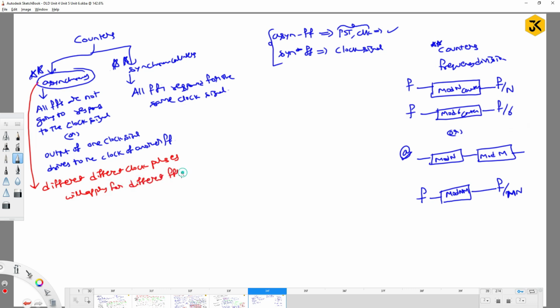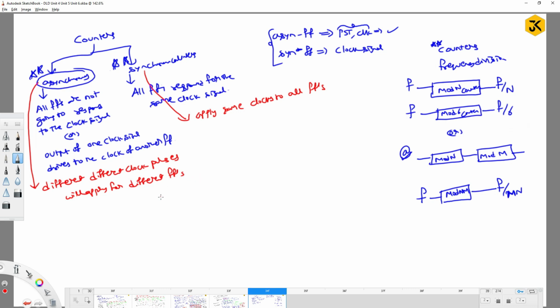I can call it asynchronous. If I take synchronous counters, we are going to apply the same clock to all flip-flops. I can call it a synchronous counter.